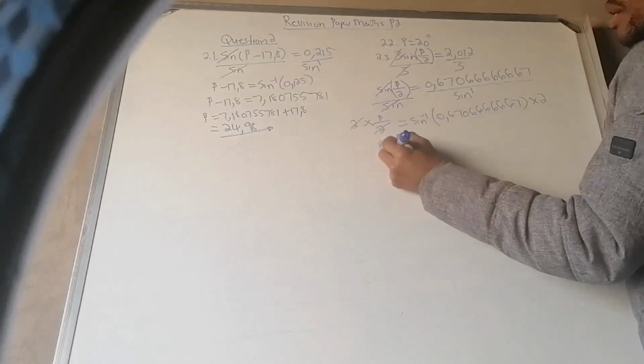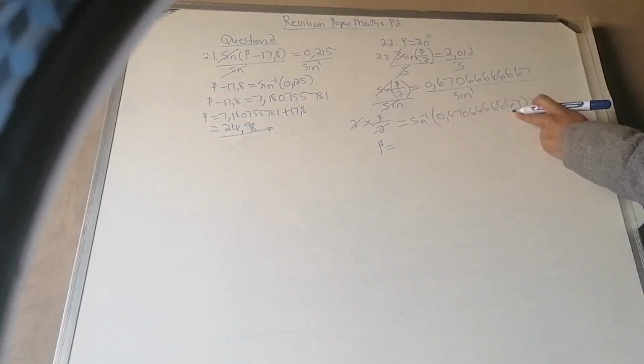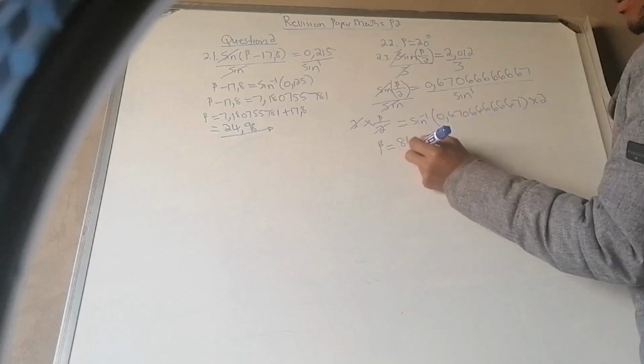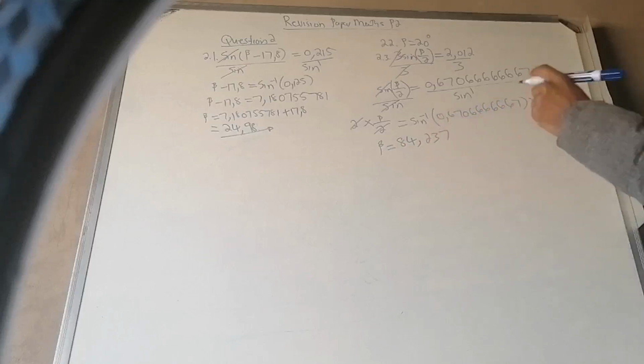Then in that 2, we multiply both sides by 2. 2 into 2 goes once, leaving beta. Now calculating: 74.84, round off to 2 decimal places.